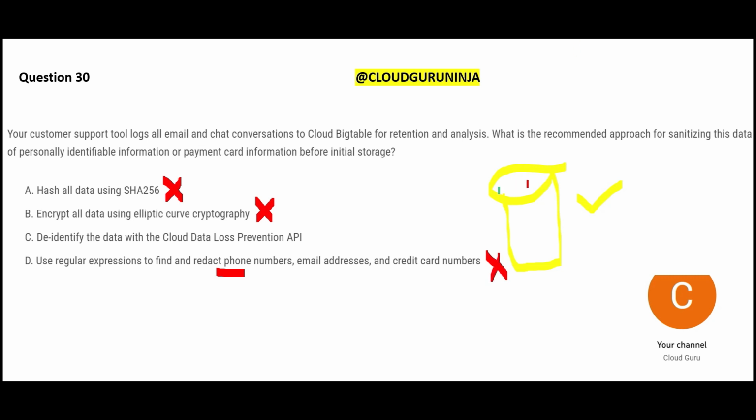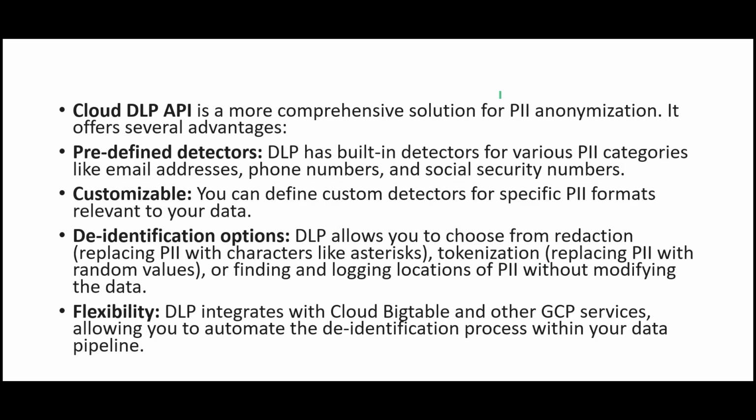So our answer should be option C. We will de-identify the data using DLP. It is a solution specially meant for PII anonymization. This is one thing, and it has built-in detectors for various categories like email, phone, social security numbers, and so on.